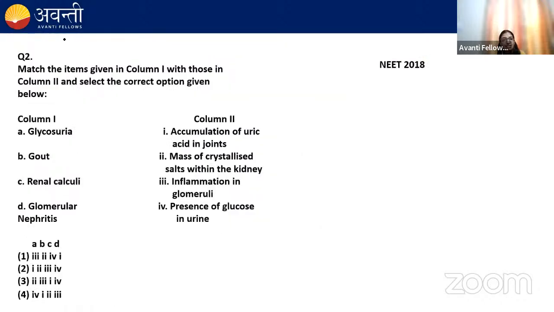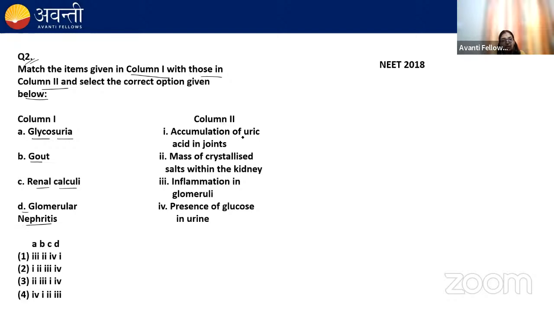Now moving next. Question number 2 says, match the items given in column 1 with those in column 2 and select the correct option given below. Column 1 says glycosuria, B gout, C renal calculi, D glomerulonephritis.